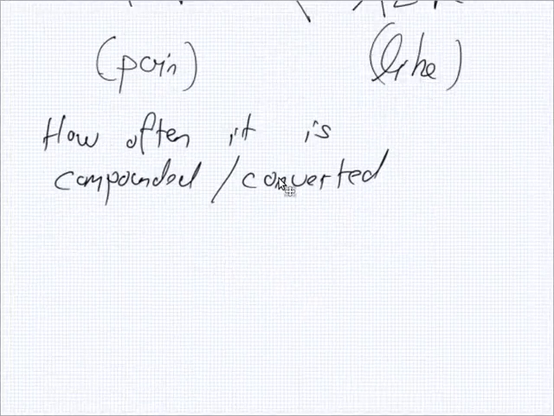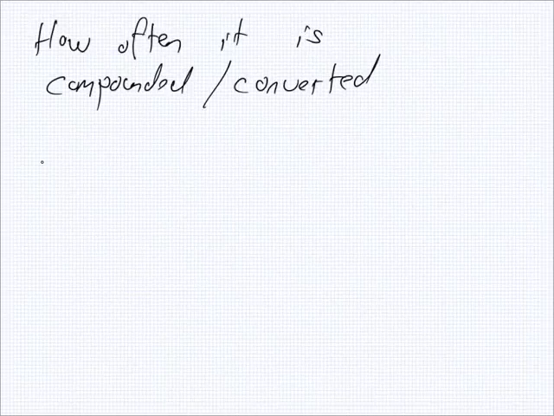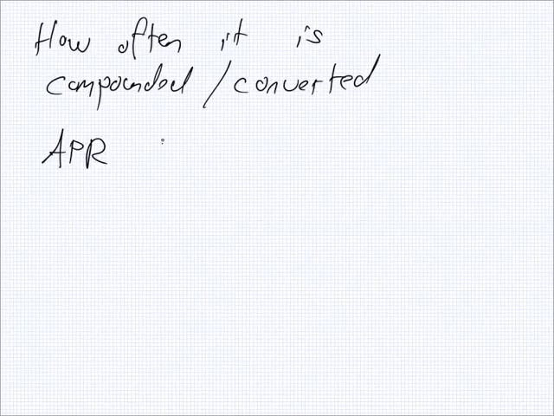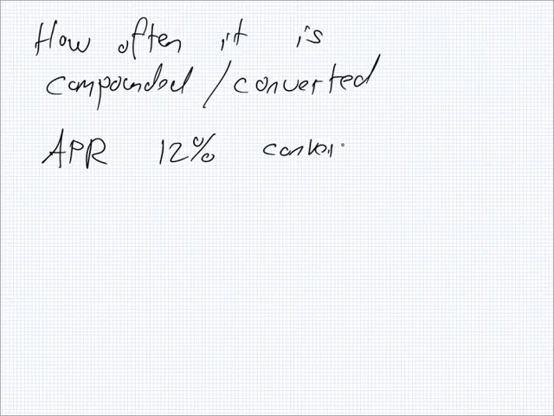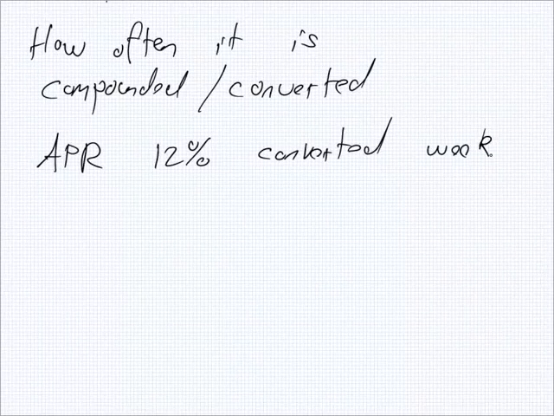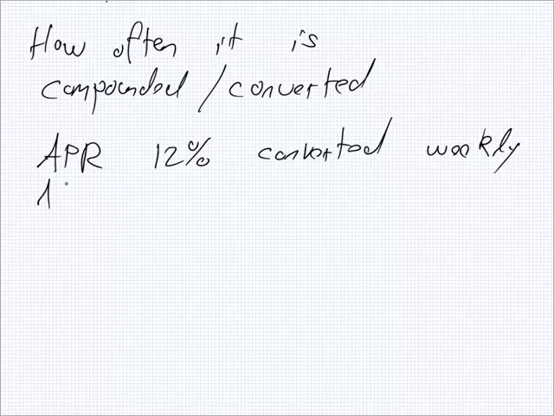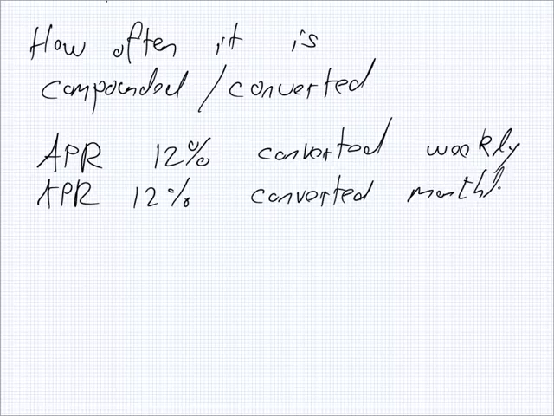So for example, if I said APR 12% converted weekly, or if I said APR 12% converted monthly, those are two different percentages. Write these two down as examples.